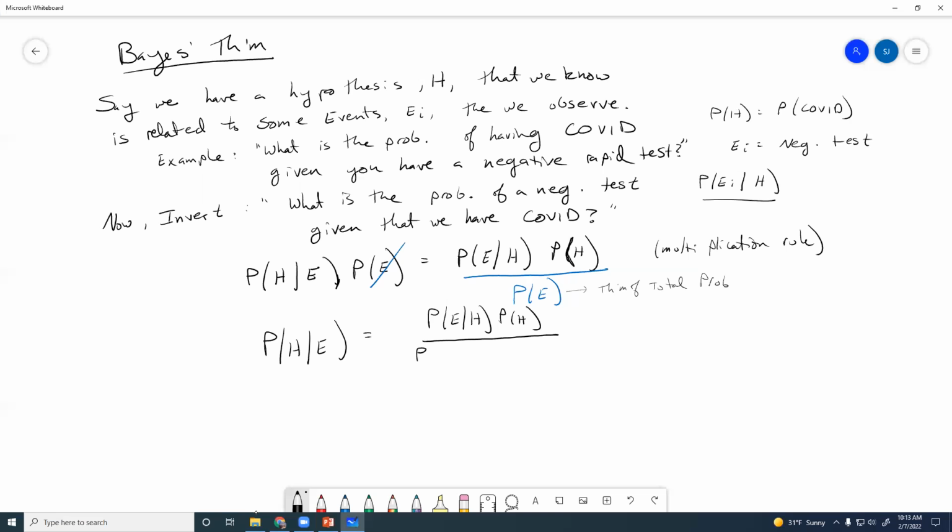So we'll say it's the probability of E given H times the probability of H plus the probability of E given not H times the probability of not H. So all that goes in the numerator.